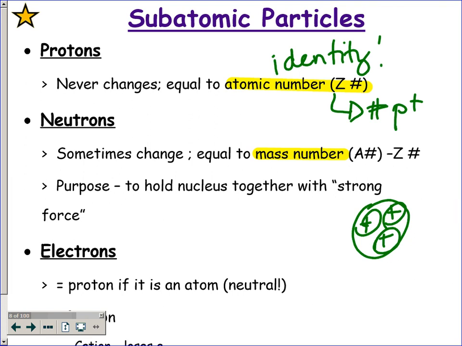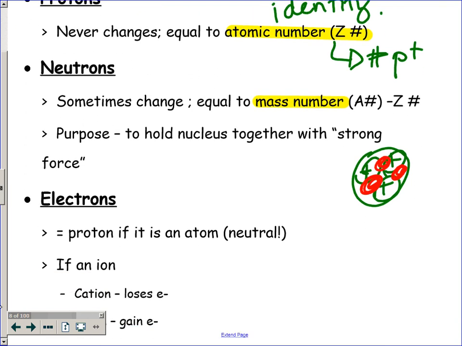So what the neutrons are doing, that's a neutron, they're kind of buffering the region between the protons so they don't get so repulsive and unstable. So they're kind of like peacekeepers, or a strong force that keeps the nucleus together because of the limitation of repulsion. And then electrons will equal protons if it's neutral.